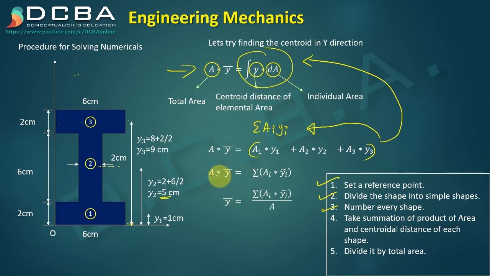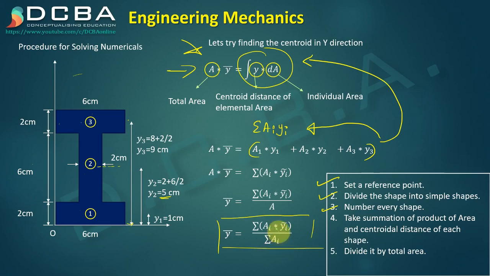If I bring it down, I can write this a as the summation of ai, because the total area will be the summation of individual areas. So we have now modified this formula into this formula: y bar is equal to summation of ai into yi upon summation of ai.